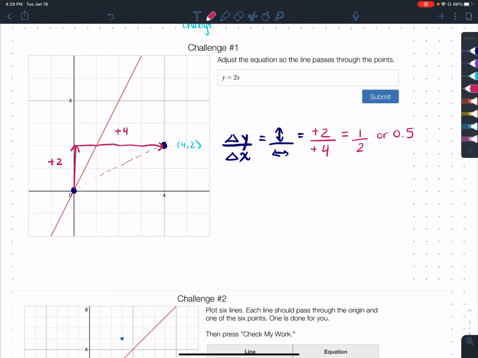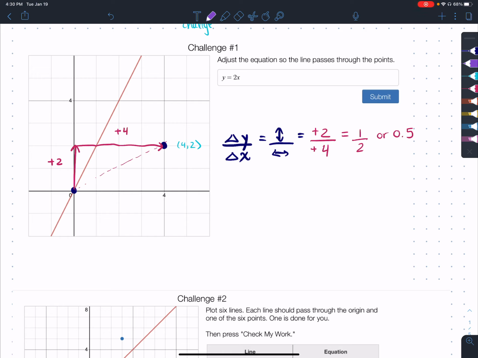It's much better to keep your slopes in fraction form, since that will be much more convenient once you start working with parallel and perpendicular lines down the road. So if you can tolerate fractions, or even if you're just a little bit uncomfortable with fractions, this is really the time to get used to them, so that will come in handy a lot down the line.